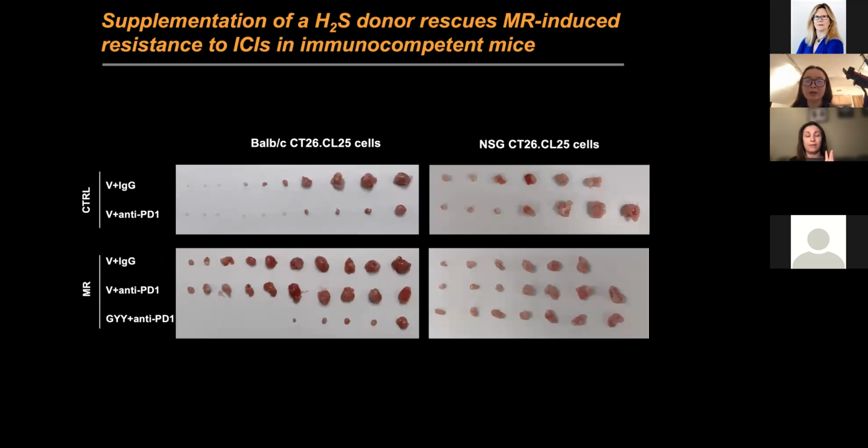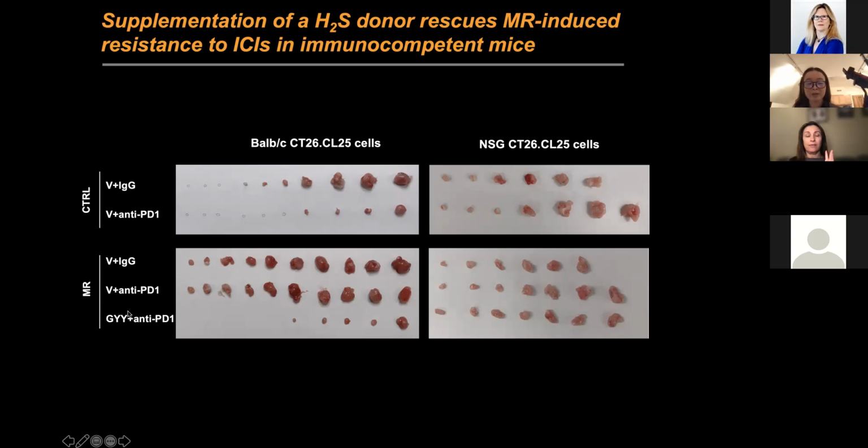We also tested supplementation of these hydrogen sulfide donors in methionine restriction-induced resistance to anti-PD-1 antibody in immunocompetent mice. As you can see here, these CT26 CL25 cells, as I showed you before, are sensitive to anti-PD-1 antibody when the mice are fed a control diet, but they are resistant to this antibody when mice are fed a methionine restricted diet.